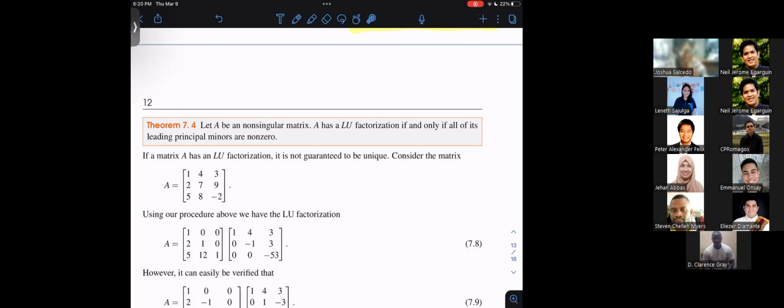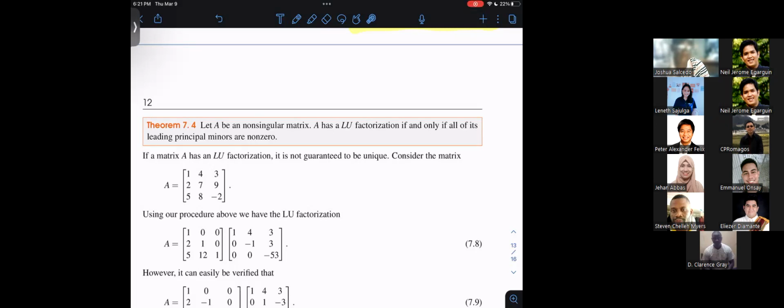Yes, it's very expensive to check whether the matrix can be LU factorized. Computing the LU factorization is not that expensive. It's just big O of n cubed. But you're right. Checking if we can factor it using an LU form is very expensive. It's a very tedious task.